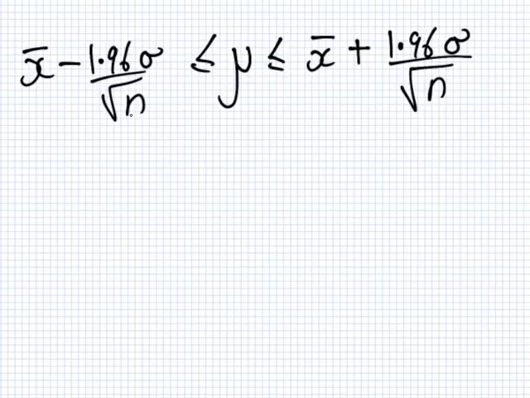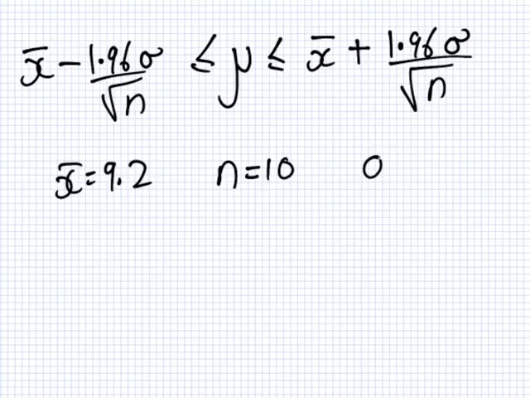So in this question, the average, what was it? 9.2, the n was 10, and the standard deviation was 4. Okay, so can you calculate this, please? Calculate the two limits. Use your calculator and the formula in front of your face and get the answer. Thank you.